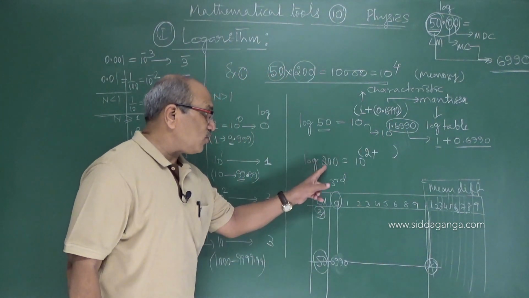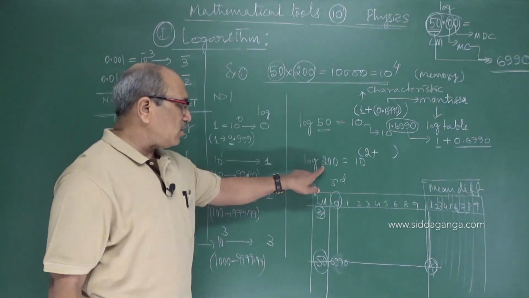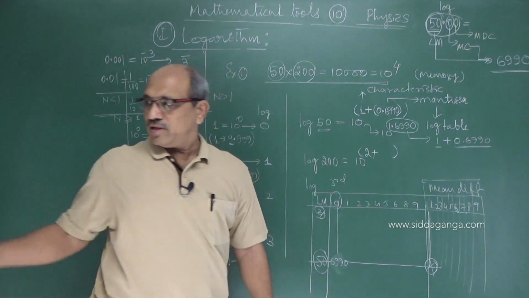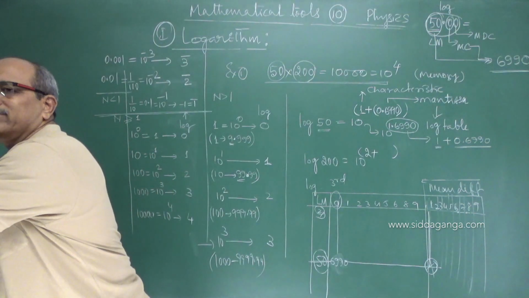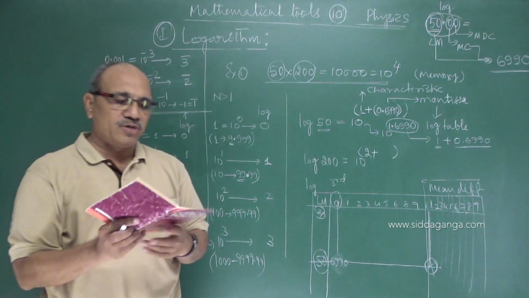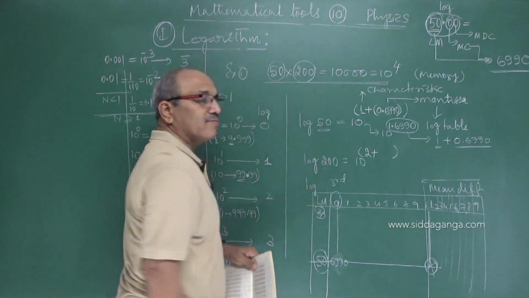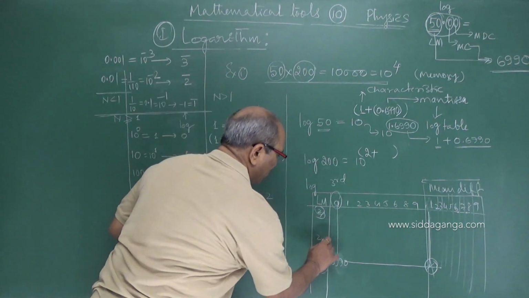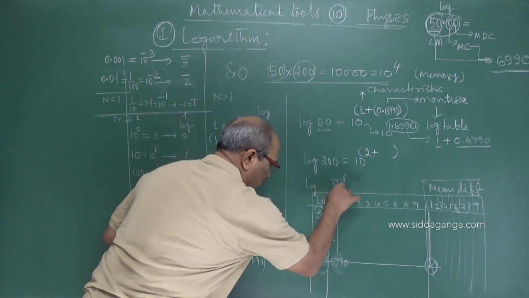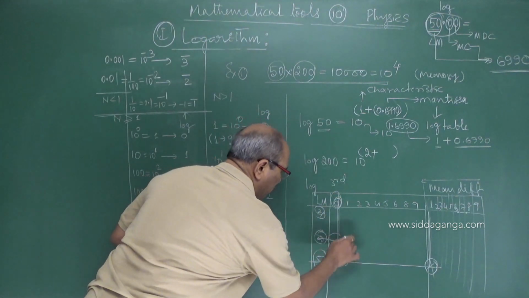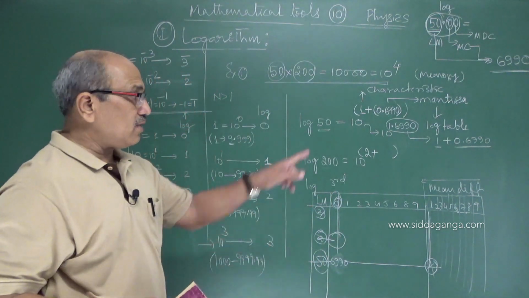Similarly, I have to follow for 200. 200, 3 digits, therefore 2. Follow the same logbook. Now come back to this logbook and see what I have to do. Follow 20. Come down to 20 and move to the 0 column, and what is here is the mantissa part.